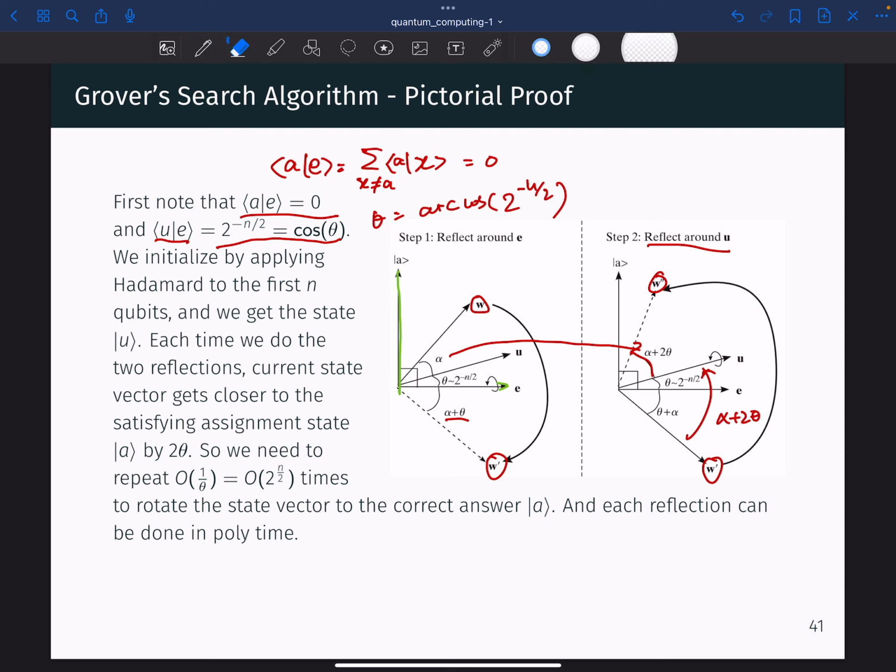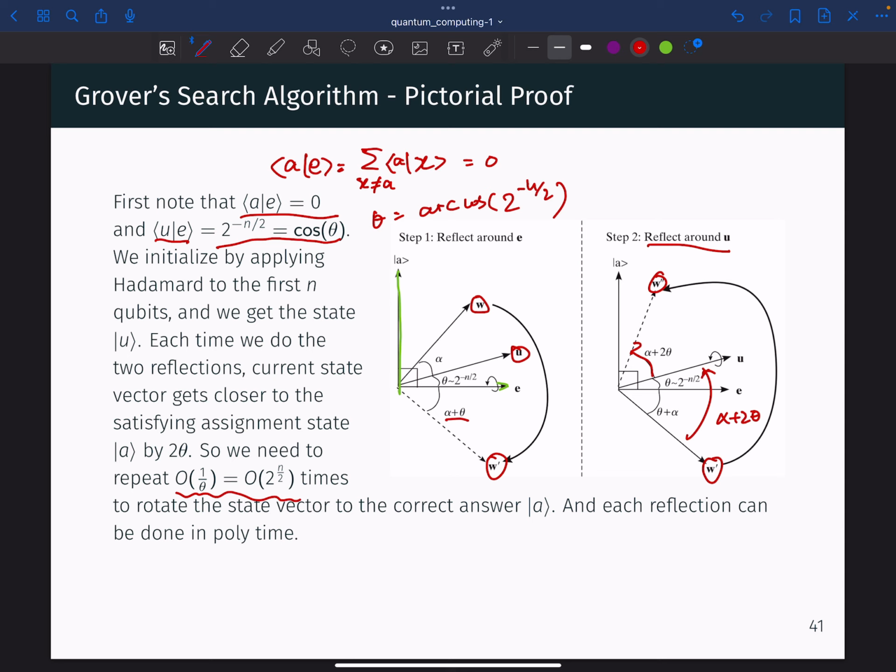So suppose we initialize W to U, then we can easily see that the number of times we need to get exactly to A is in the order of 1/theta, which is around 2 to the power of m/2 times, and that completes the proof.